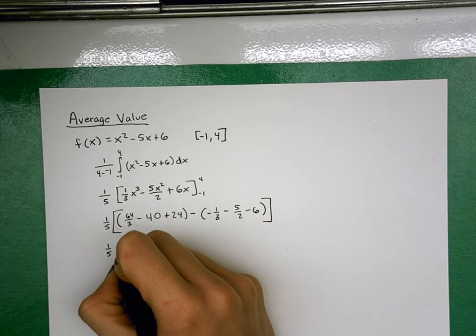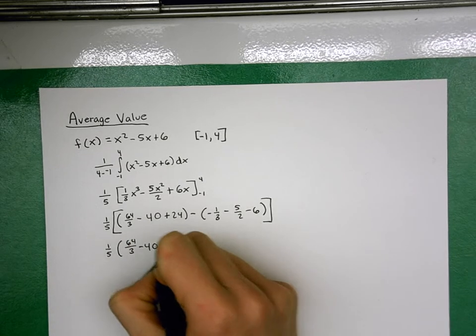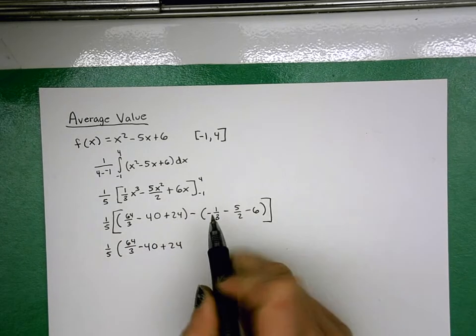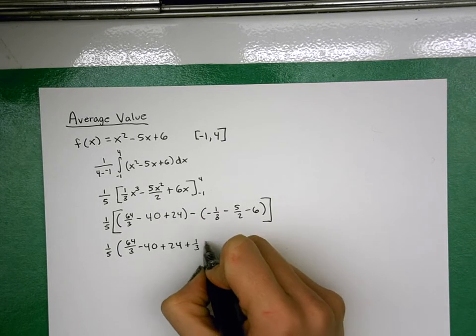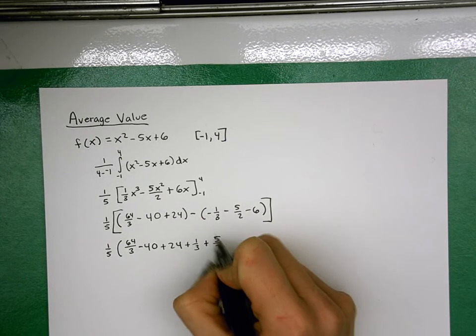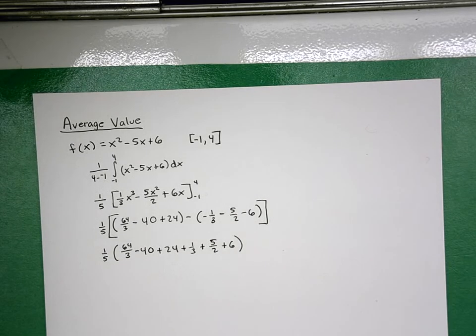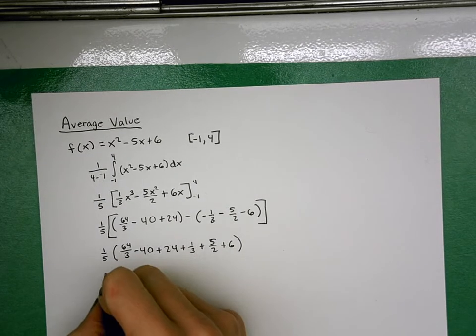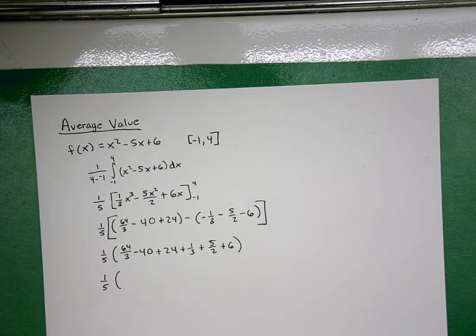I'm going to distribute that negative in. So we would still have 64/3 minus 40 plus 24. But then I'm going to have minus a -1/3, which is plus 1/3, minus a -5/2, which is plus 5/2, and minus a -6, which is plus 6. Okay, at that point, that'll allow me to go ahead and do a little bit of cleanup pre-common denominator.